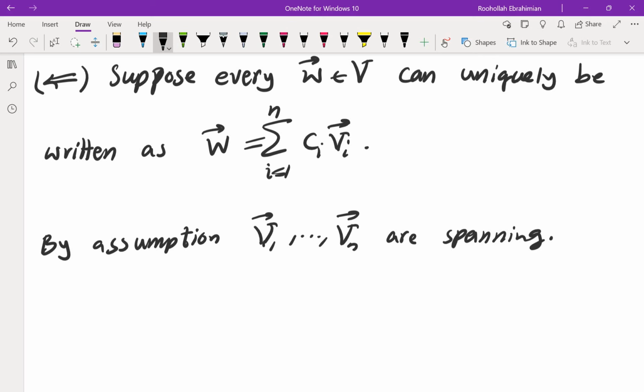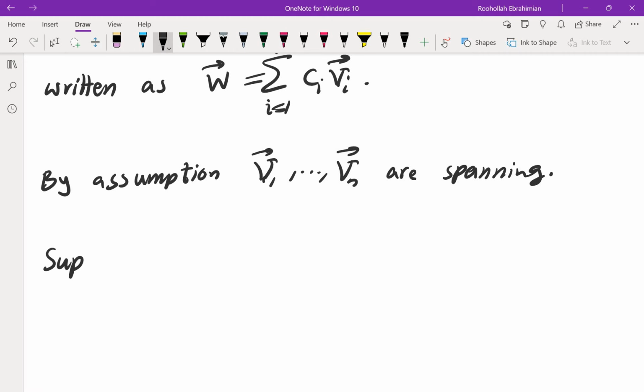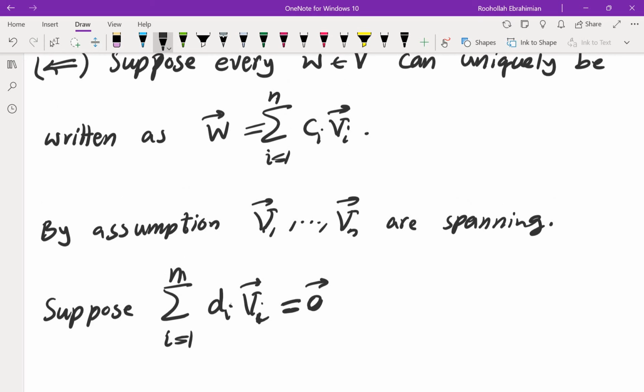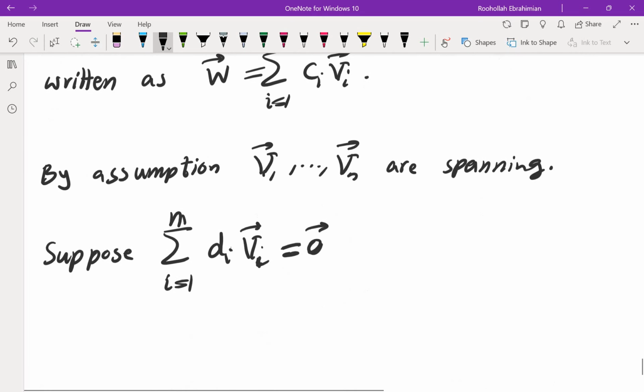Okay, so that part is obvious. That's just given by the assumption. Now I will have to show they are linearly independent. So suppose the sum of di vi is 0. In order to show a set of vectors are linearly independent, I will have to start from a linear combination that is 0, and then I will have to show that all the coefficients are also 0.